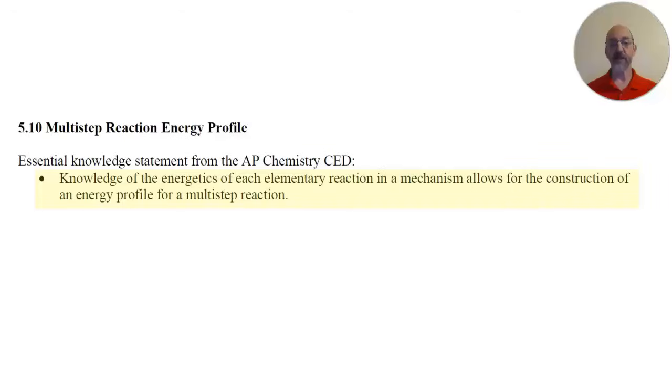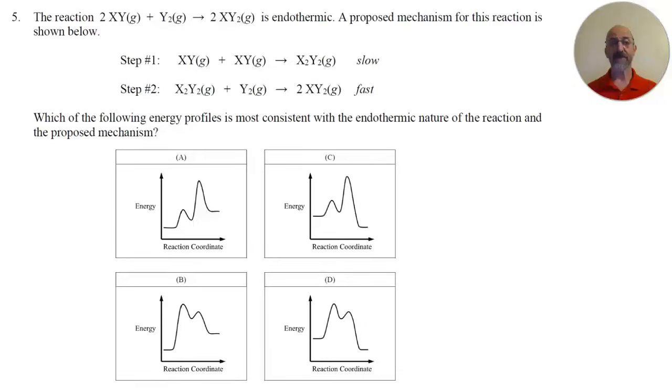So now let's take a look at the practice for topic 5.10. This is question 5. In question 5, it says the reaction, 2XY plus Y2 produces 2XY2, is endothermic.